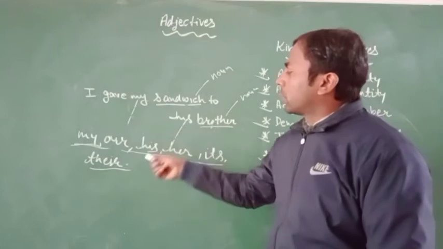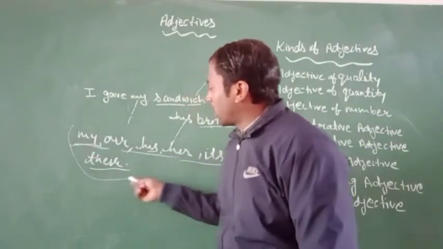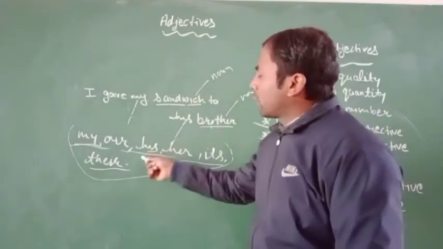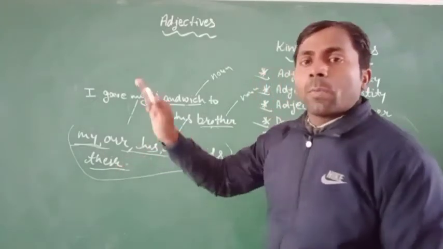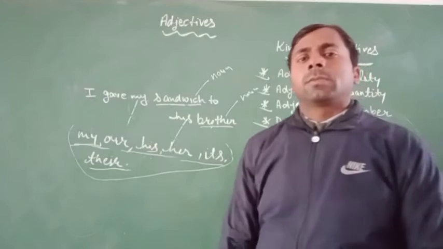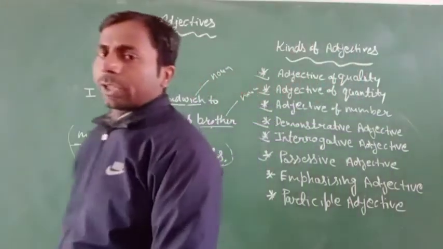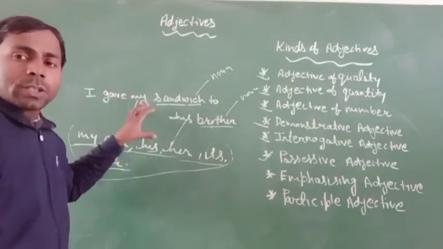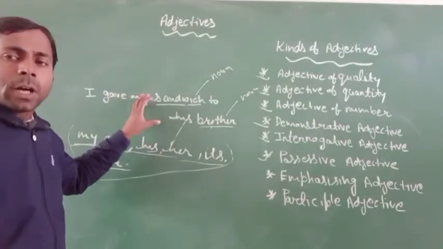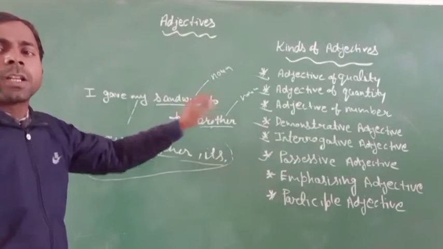You can see this on the screen of the board. These types of words will be the possessive adjective. I hope you all understand. It tells us about the possessions or the belongings of a noun, a person or things.